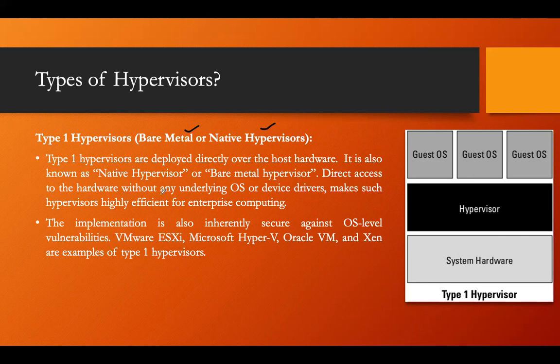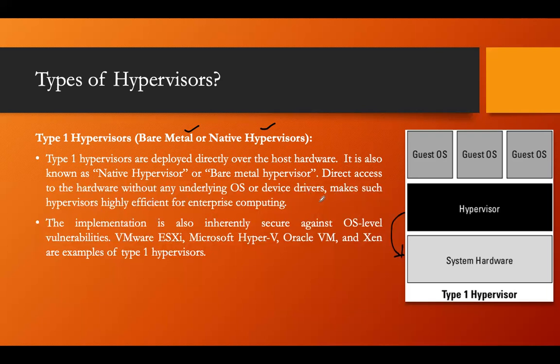Direct access to the hardware without any underlying operating system. So the hypervisor will use the hardware directly without using any underlying operating system or device driver. This makes such hypervisors highly efficient for enterprise computing.